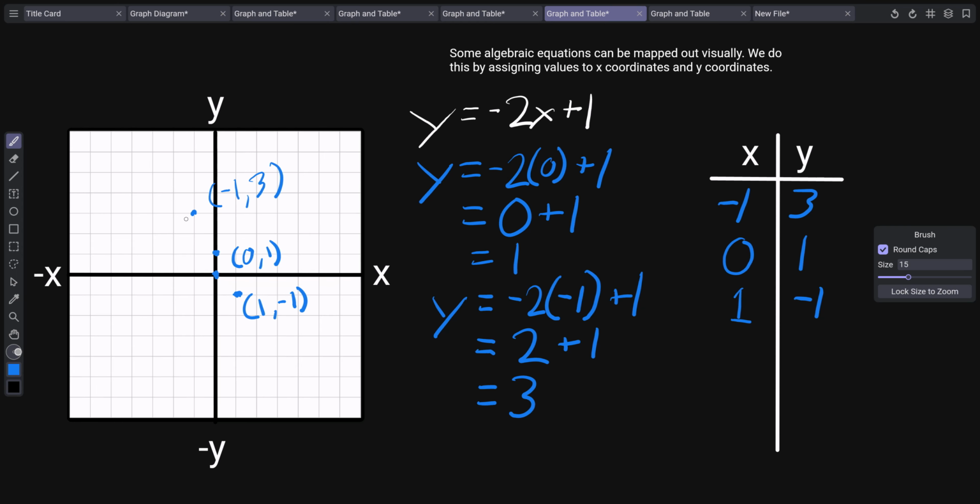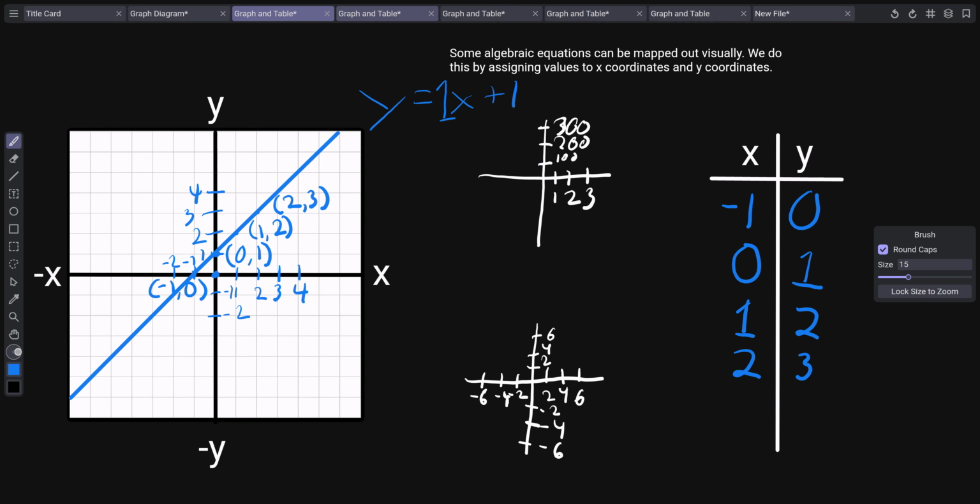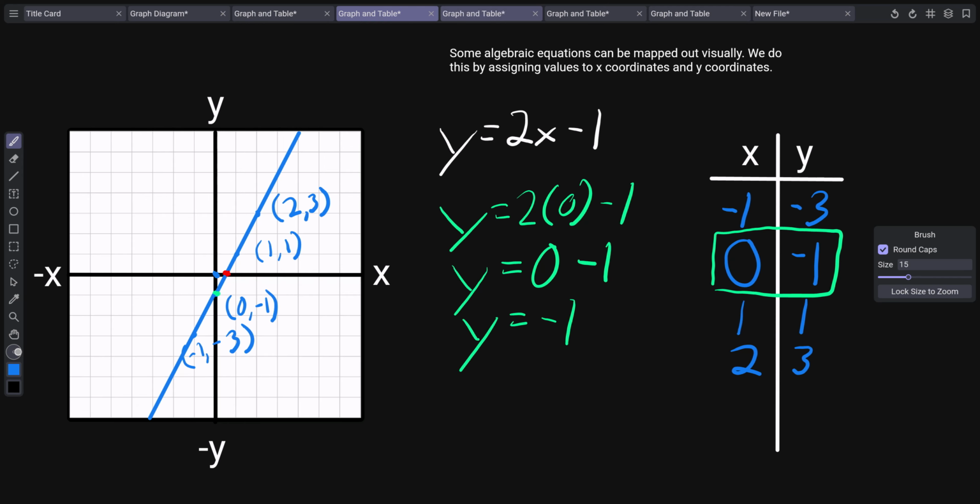Now, I'm going to draw a line, and I'm going to connect these points. And you could see something a little unique, something we haven't really seen. The line is actually traveling in a different direction. If we look at the others that we had, they all went up from left to right.